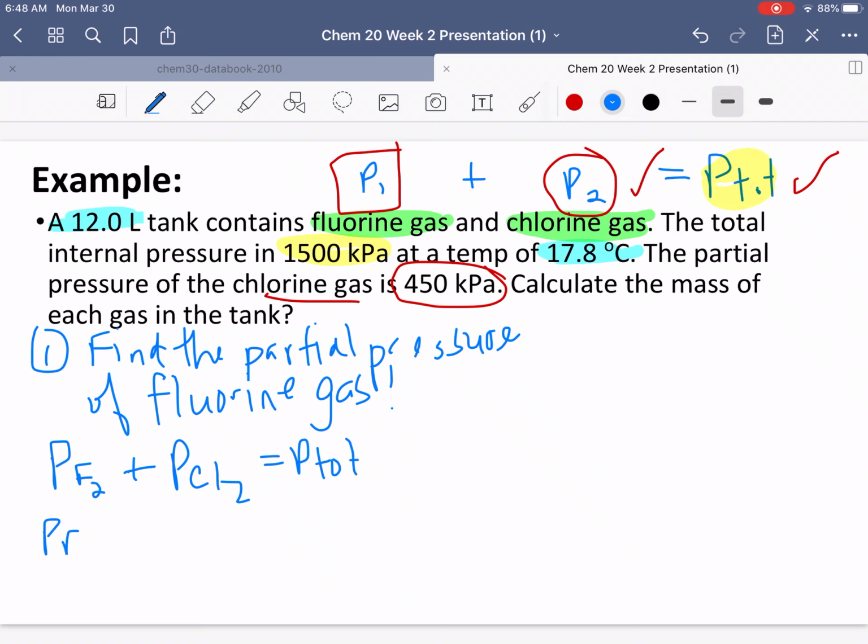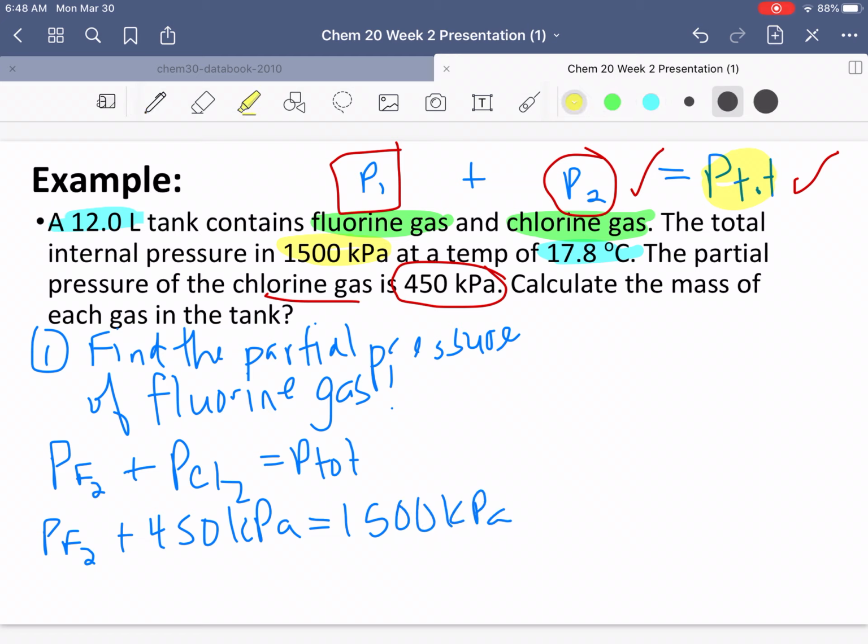So again, pressure of fluorine is our unknown, plus pressure of chlorine, 450 kilopascals, is going to equal the total pressure, 1,500 kilopascals. We need to get that fluorine by itself. Simple algebra. You're adding 450, so we need to do the opposite. Subtract 450 kilopascals. What you do to one side, you do the other.